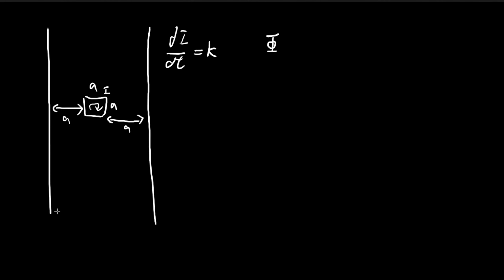In this case, it's easy to calculate, because for this long wire we know how to calculate the magnetic field. So it's easy to find the magnetic field going through this small hoop because of this outer wire, rather than the other way around. The other way around is calculating the flux through the region enclosed by this large wire because of the small hoop, which is difficult to calculate.